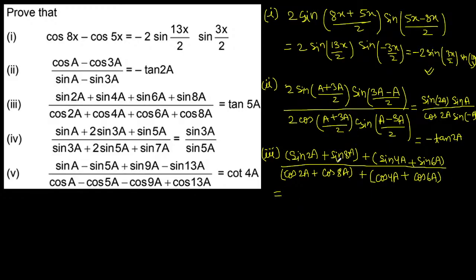So we got 2 sin (c plus d) by 2, which is 5a. Now we can write it a bit quick, cos (c minus d) by 2. We don't have to write plus minus like this. 2 sin 5a cos 3a, cos (c minus d) by 2 cos a.